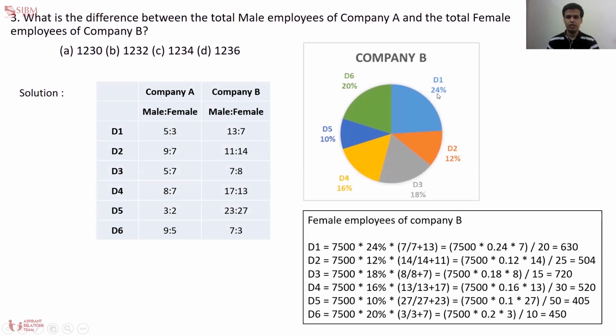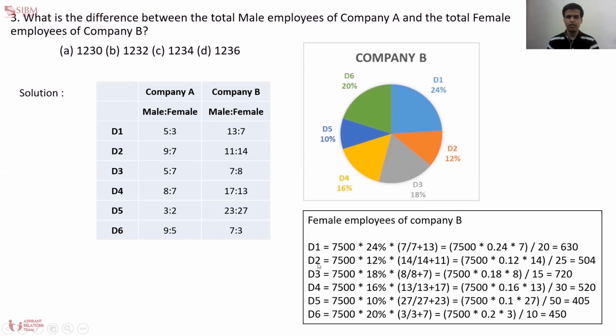D1 has a percentage share of 24%, and the ratio of female to male employees in D1 of company B is 7:13. So we take 7 divided by 7 plus 13, which is the total number of employees, and thus get 630 as our answer.